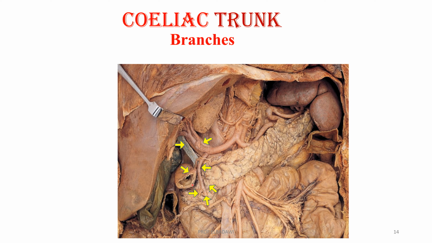As it goes in that groove between both structures, the duodenum and the pancreas, it divides into an anterior branch and a posterior branch, one anterior to the head and one posterior to the head of the pancreas, and then ends by anastomosing with the two branches of the inferior pancreaticoduodenal, which are also anterior and posterior branches.